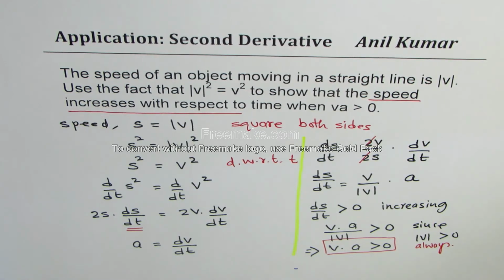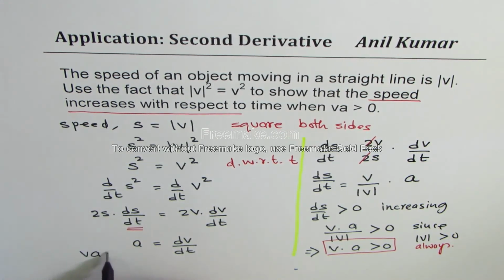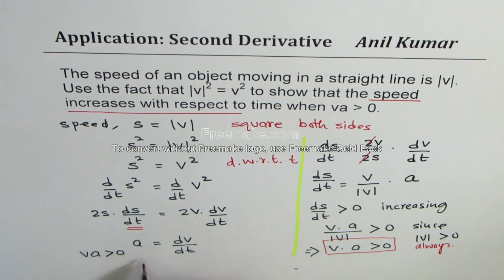So that really helps us to find from the graph of velocity and acceleration, and also from the equation of velocity and acceleration, in which part the object is speeding and in which part the object is slowing down. Do you understand? So we can conclude from here that if v times a is greater than 0, it means a speeding object.